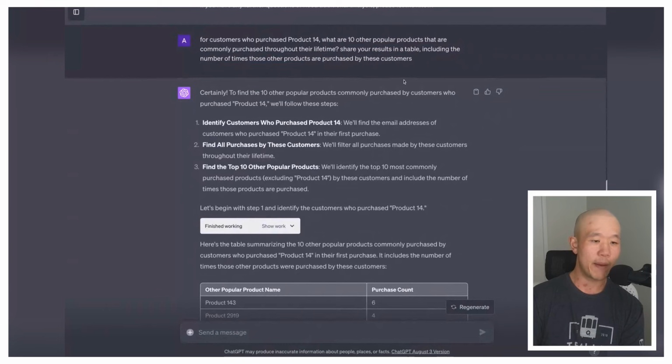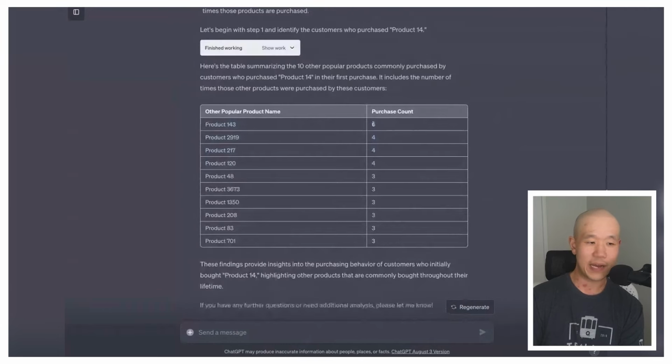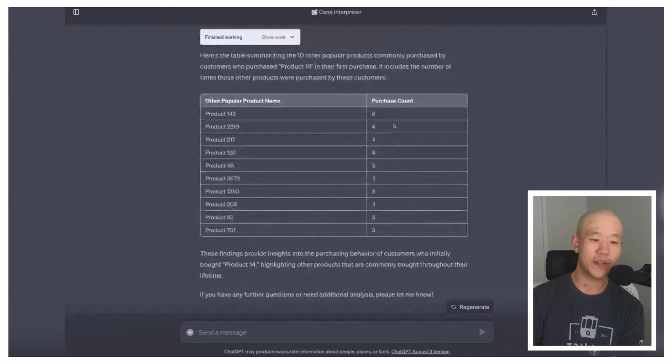What it spat back out to me was exactly that. And again, if we add a couple zeros here, or three more zeros here, this data becomes way more significant and meaningful to make decisions with. But what's really cool here is that the analysis and assessment would have taken me or someone else on the team days, maybe, or hours to do. Now it takes less than a second.